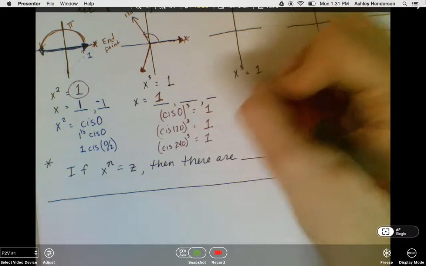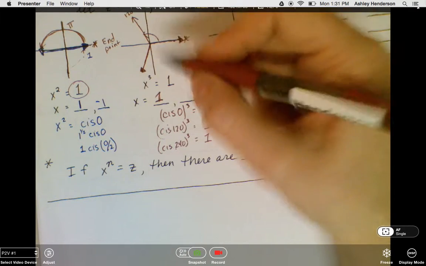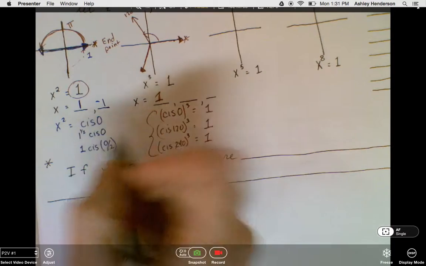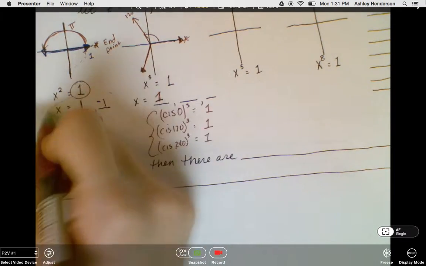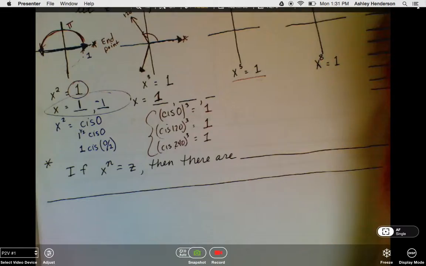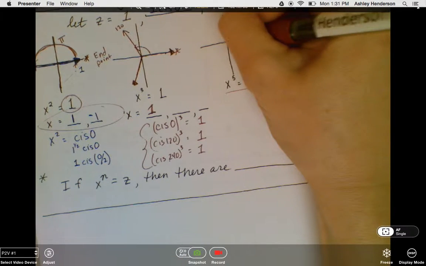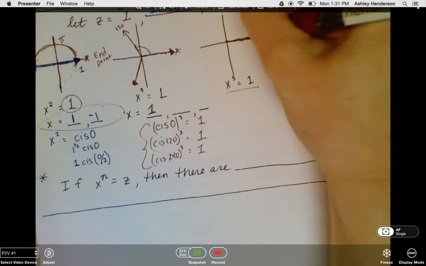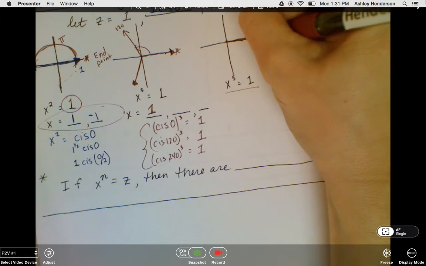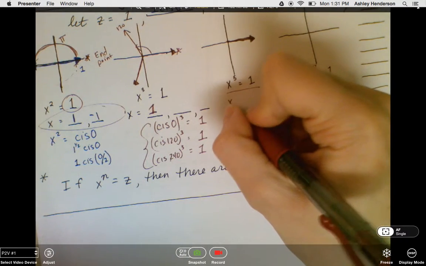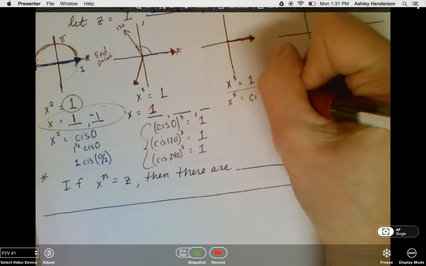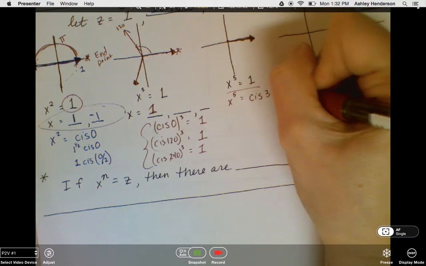Okay. Let's look at the next one. These are our 3 answers, by the way, here. And these are our 2 answers here. Let's look at 5. I have to get 5 answers. The easy one for 1 is that there will always be an answer at 1. And then let's say x to the 5th. Instead of going cis 0, let's say cis 360.